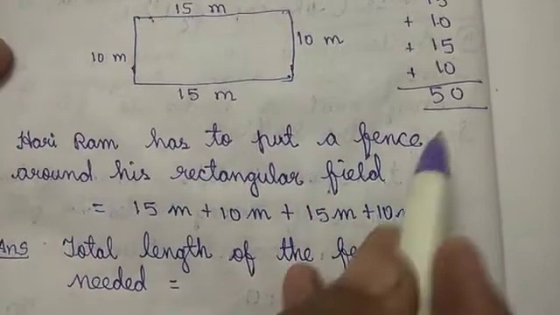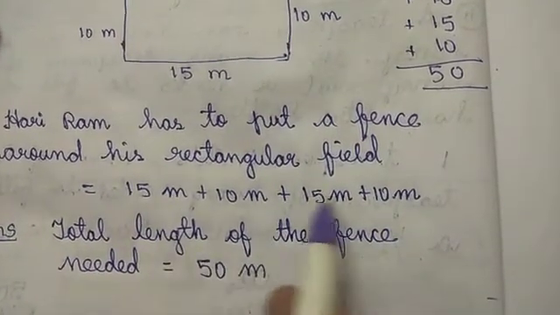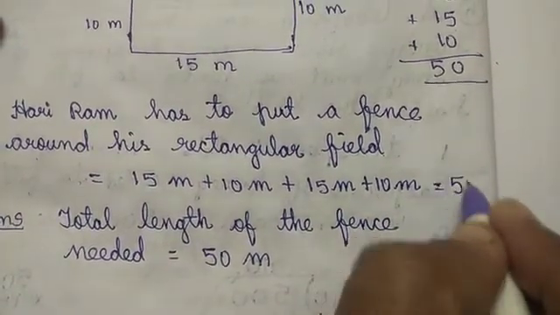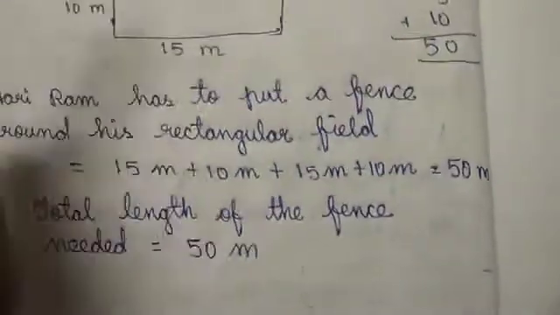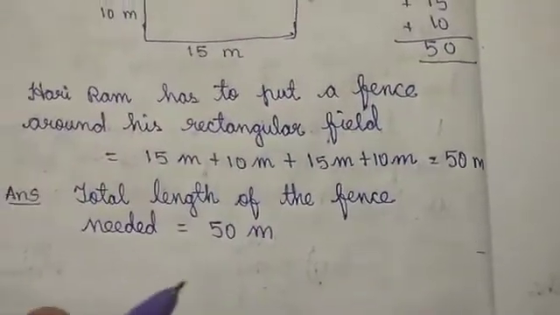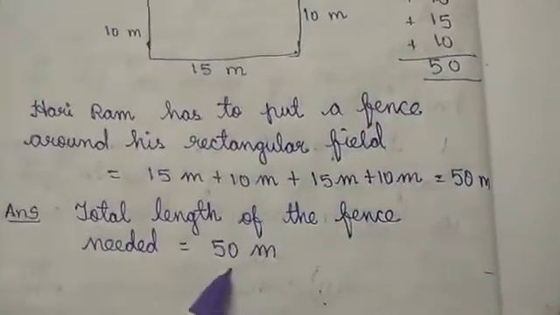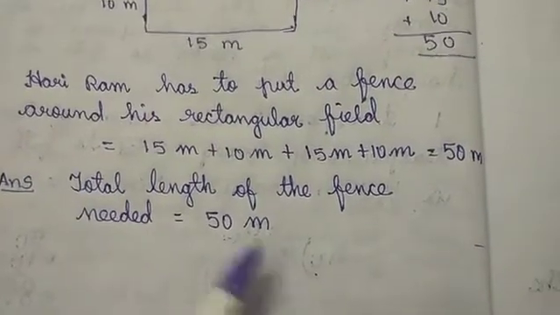How much, children? 50 meter. When we add these four we get 50 meter. So two questions they have given. First they have asked what is the length of the fence needed. So the total length of the fence needed is how much, children? 50 meter.